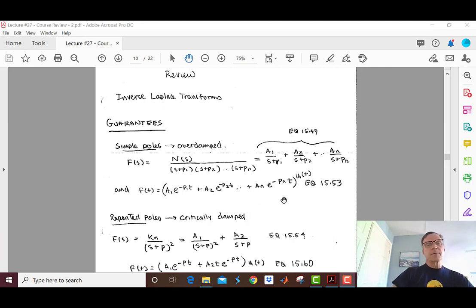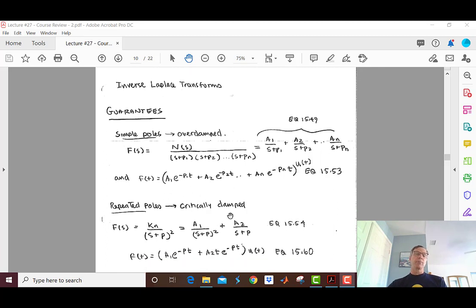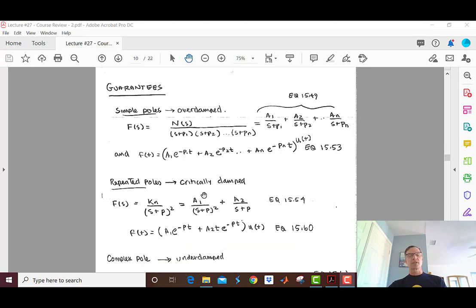Now let's say that we hit our second case. We have repeated poles, and if we have repeated poles, one of our little trapdoors in EE310 is that we're critically damped. And so F(s) is equal to K (or just a K) divided by (s plus p) squared.